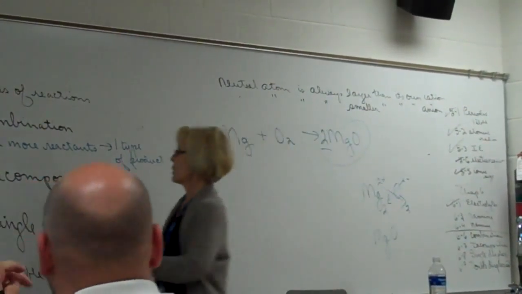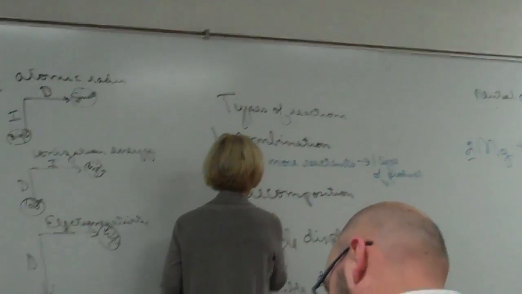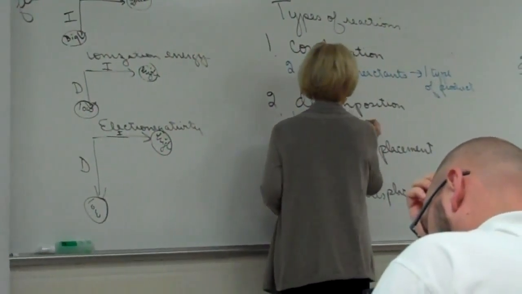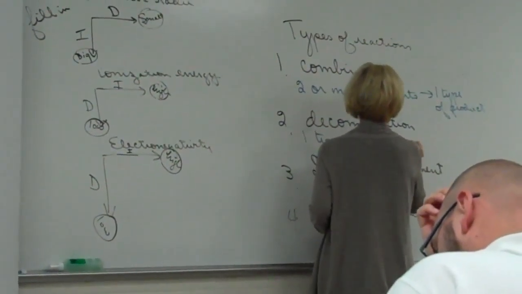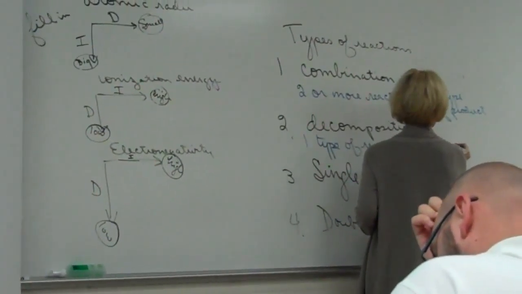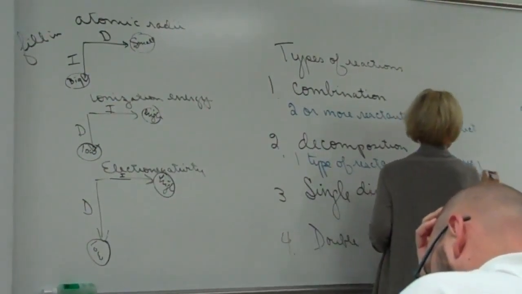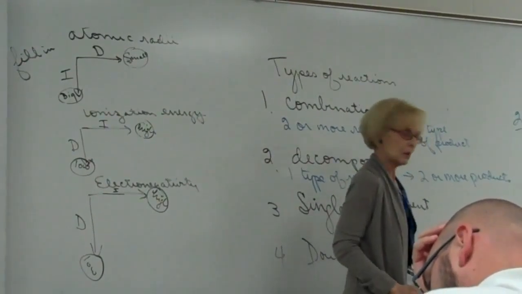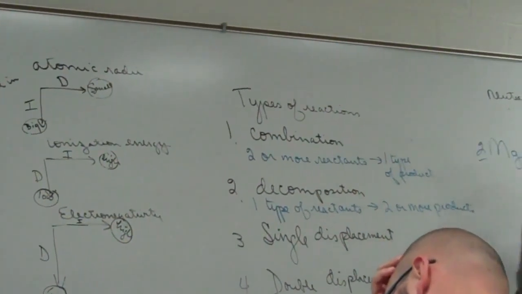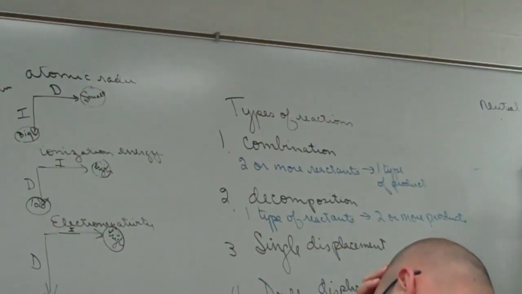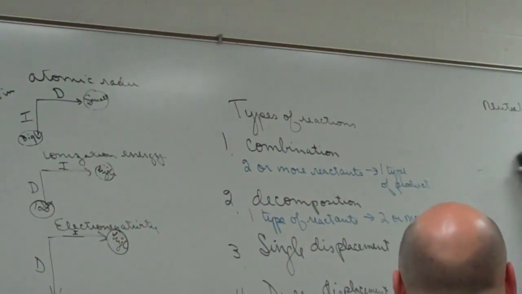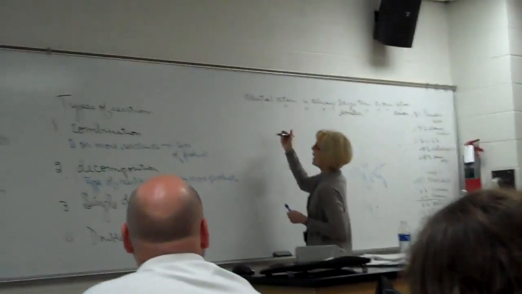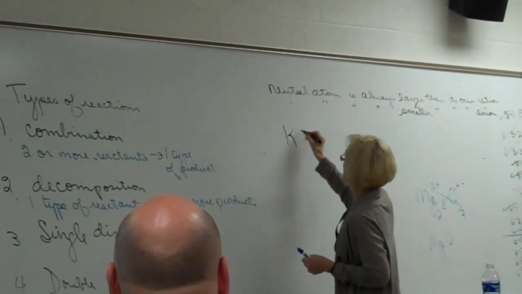All right, this one. We have 1 type of reactant, and we get 2 or more products. Decomposition. Now, for decomposition, I would write out the whole thing for you. That I would have something perhaps like this.